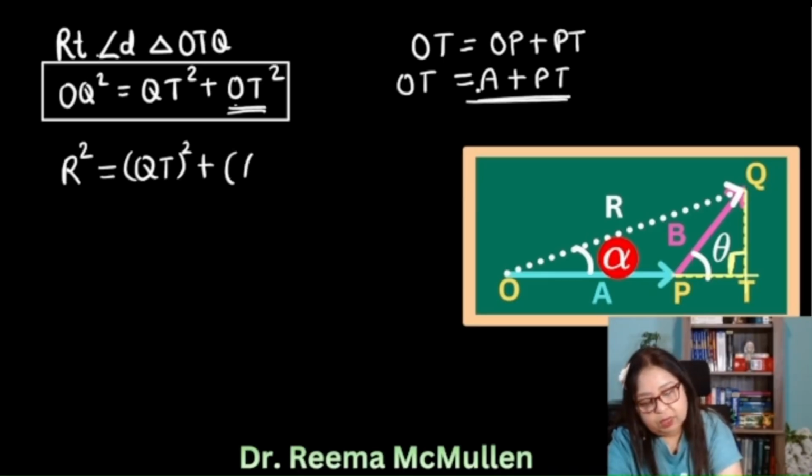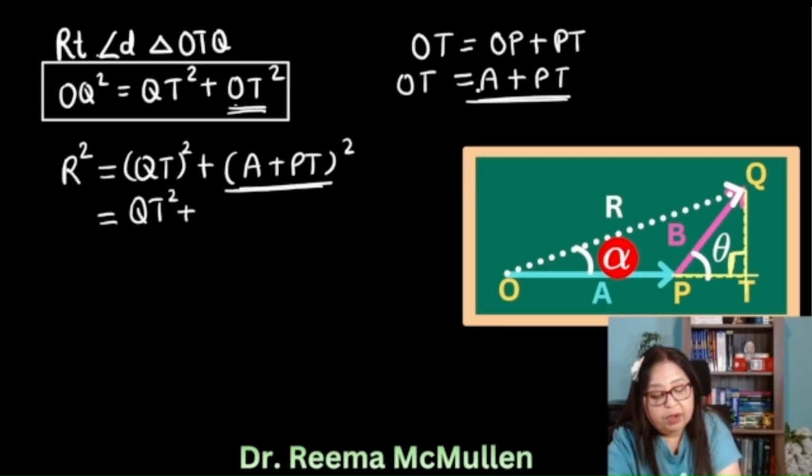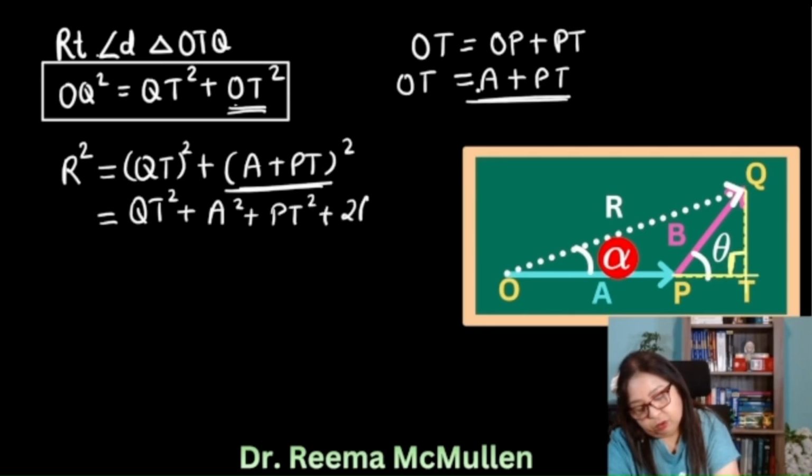That will be equal to A plus PT, squared. What does this give us? QT squared plus, now we're going to square A plus PT. That gives us A squared plus PT squared plus 2A times PT.